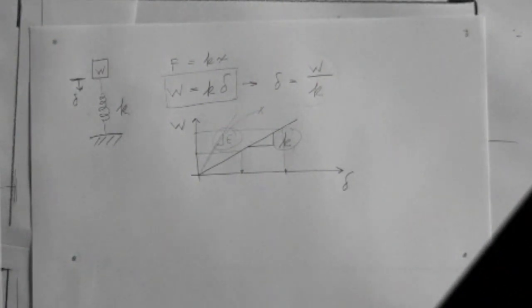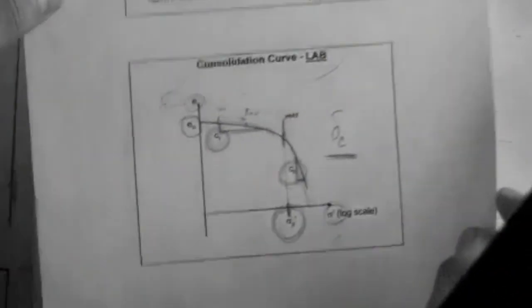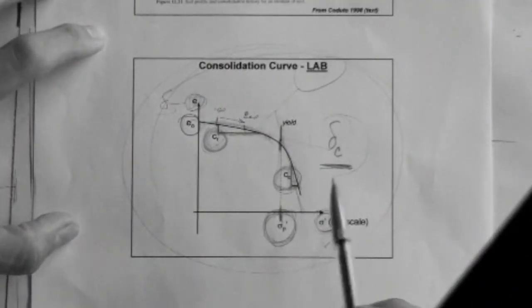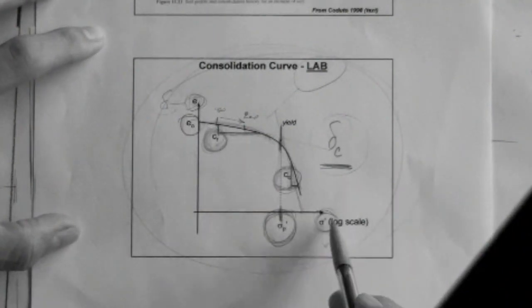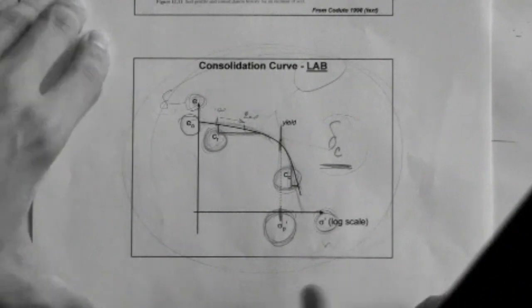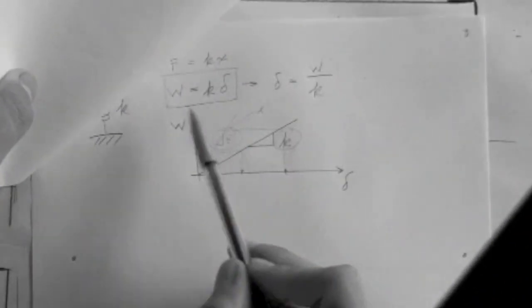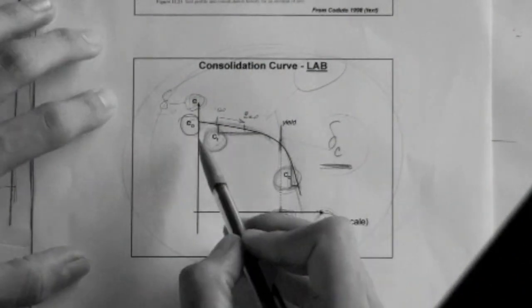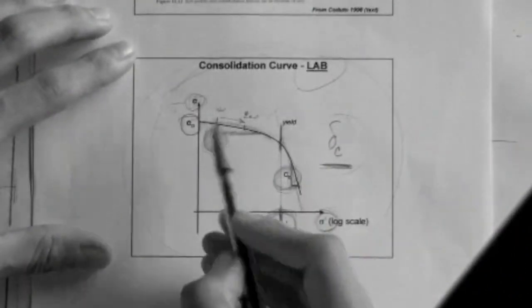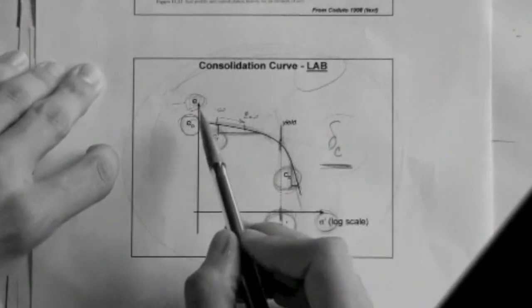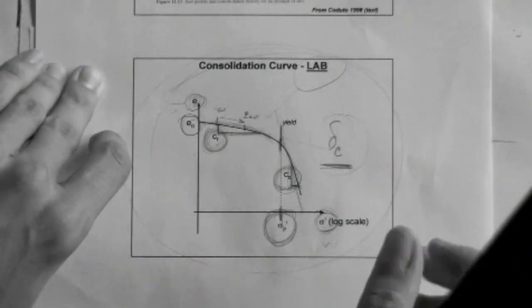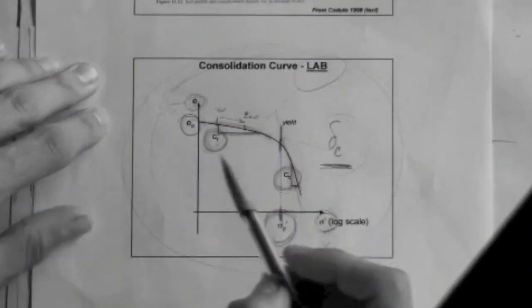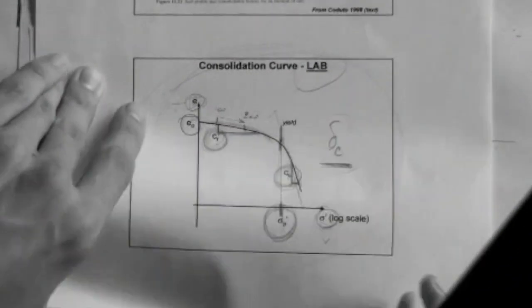For a soil, the plot is this curve. Here we have stress, which is equivalent to the weight over here, force over area. And here we have void ratio. The void ratio is equivalent to the deformation here. So these are flipped, it doesn't matter. What matters is what the axes are and how they are equivalent.